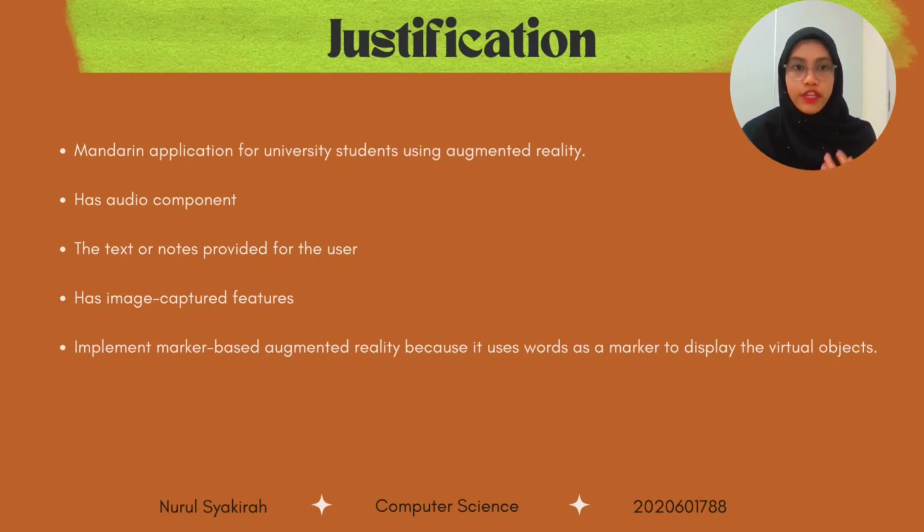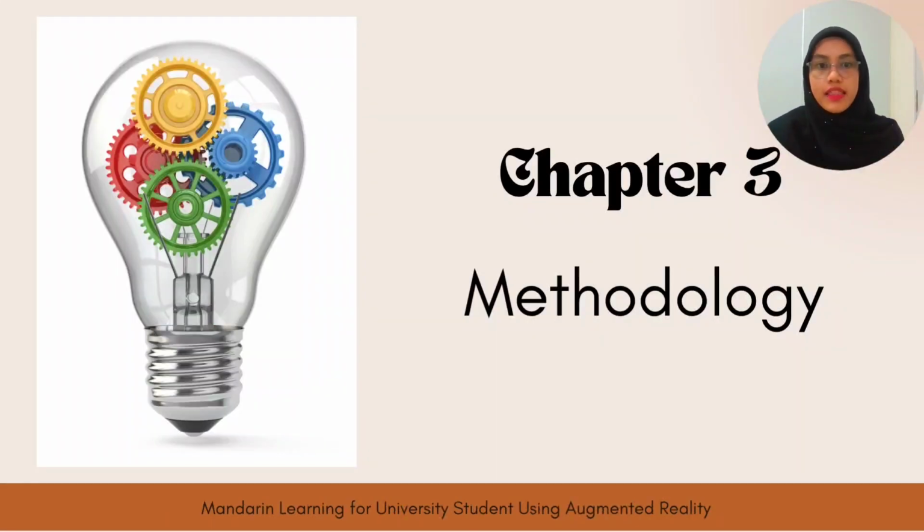It also has an image capture feature, as it will use the augmented reality camera so that users can scan a word for translation or pronunciation when they find unfamiliar words. So the development will use Android. And this project will implement marker-based augmented reality because it uses words as markers to display the visual objects. This is the last chapter, which is methodology.